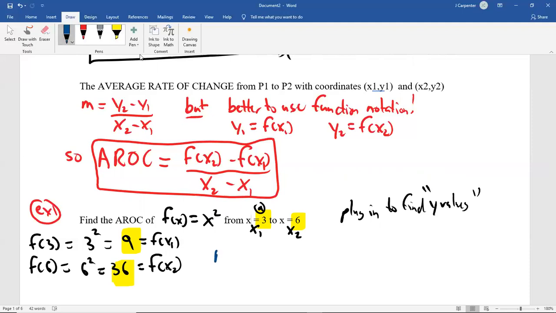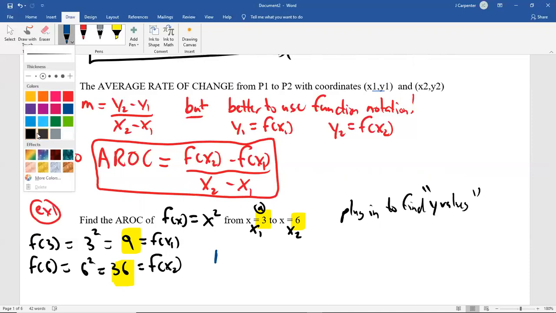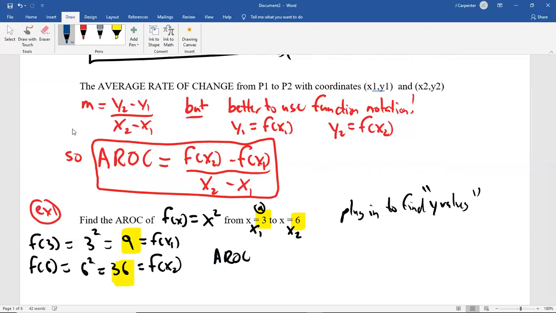Our average rate of change, that's f of 6 minus f of 3 divided by 6 minus 3. y2 minus y1 over x2 minus x1 literally means the same thing. But the f of 6 was the 36.